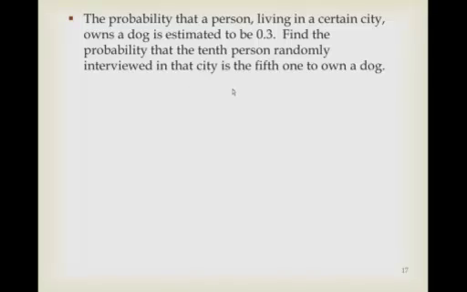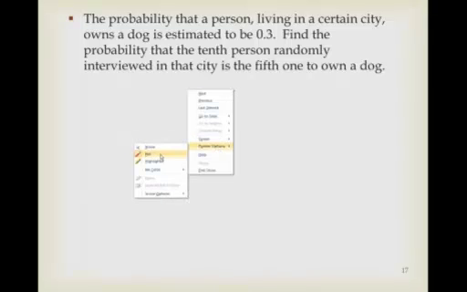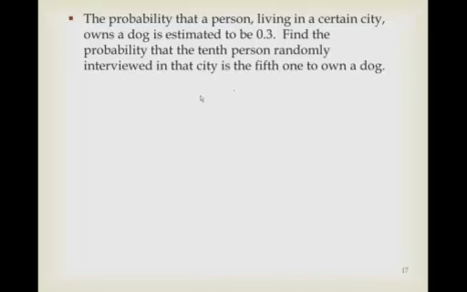And why is that? First off, the experiment consists of a number of repeated trials. Each one of those trials has just two possible outcomes. That is, a person either owns a dog or they don't own a dog. Probability of success is the same. We're going to call owning a dog a success. And the trials are independent. If one person owns a dog, it doesn't really affect whether the next person we run into owns a dog.